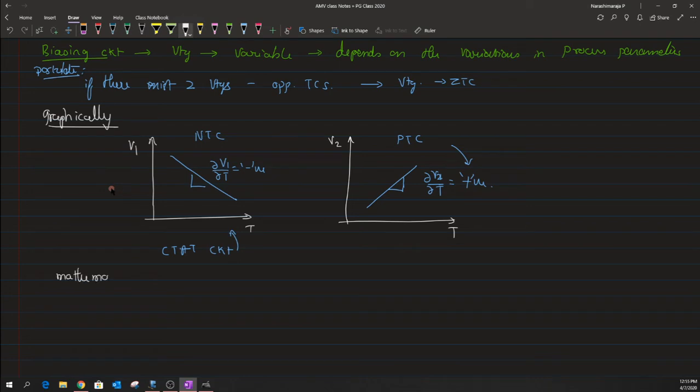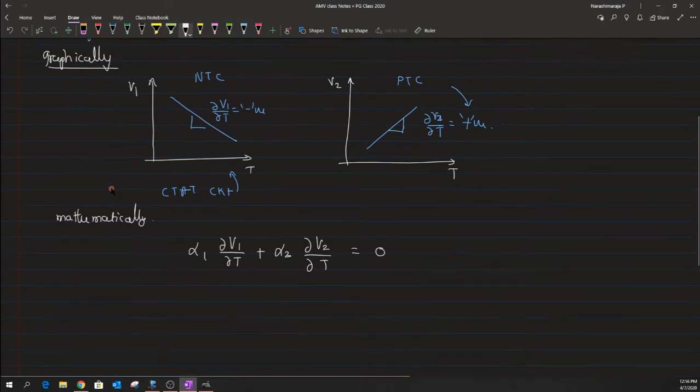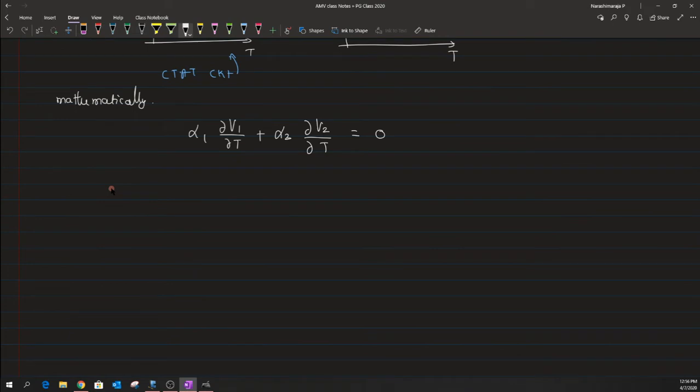I just need to combine both these voltages such that I take a weighting factor alpha 1 and multiply it with the negative temperature coefficient, and that has to be added with a factor alpha 2, a different factor, multiplied with this positive temperature coefficient. The resultant of these two quantities when they add up should end up being 0.